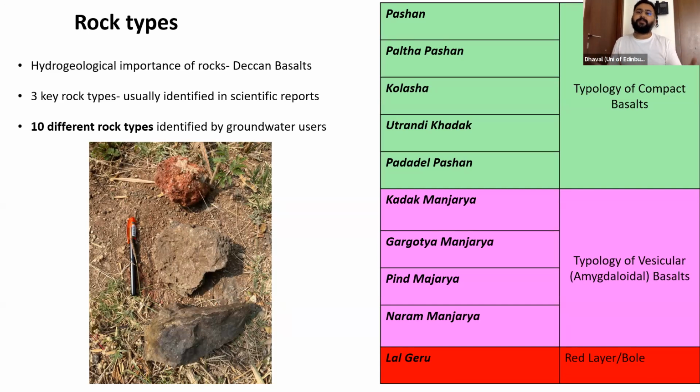And that is what shapes their farming decisions, their crop choices and things like that. That is where I emphasize this very heterogeneous, micro-level nature of rock types, which we don't usually see in the larger reports brought out by the state groundwater agency or the central groundwater board. Next.